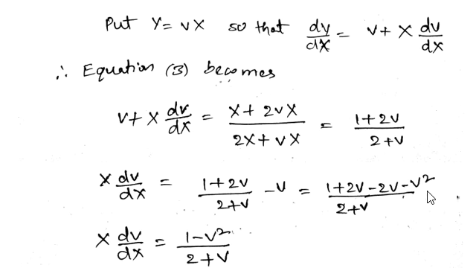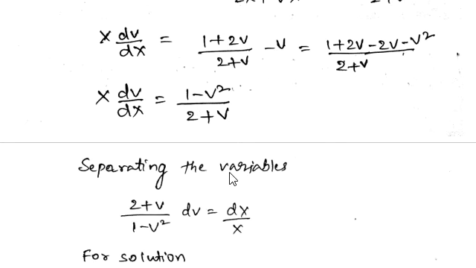Just taking LCM 2 plus V, when you write here, it is plus into minus 2V, minus plus into minus V square, and when you simplify once again 2V and minus 2V go, you can write this term as (1 minus V square) by (2 plus V), and the left side we have X dV by dX.